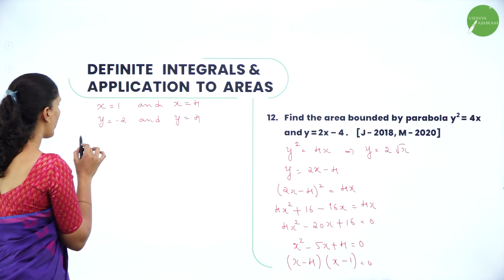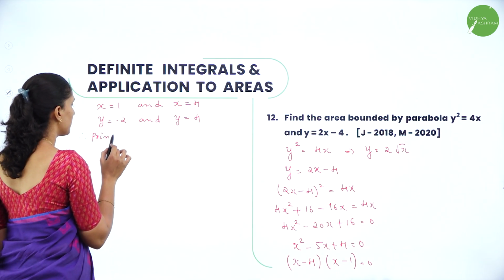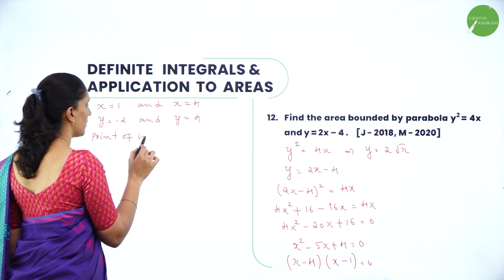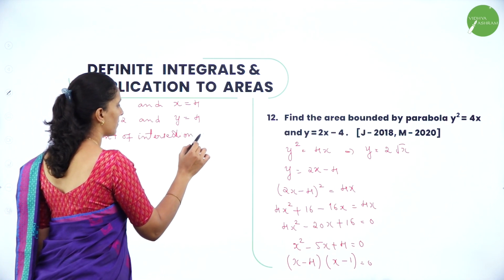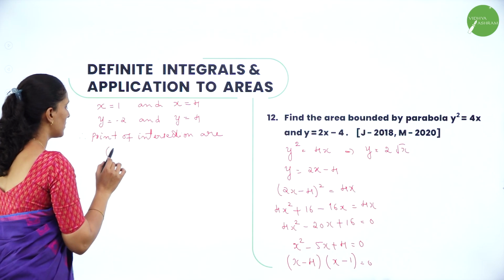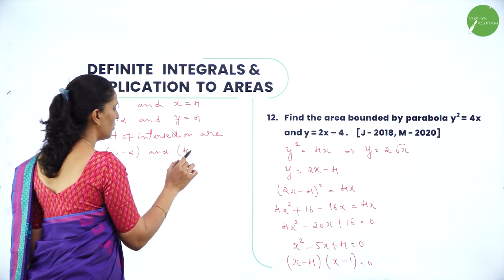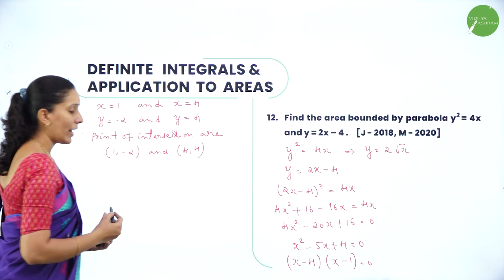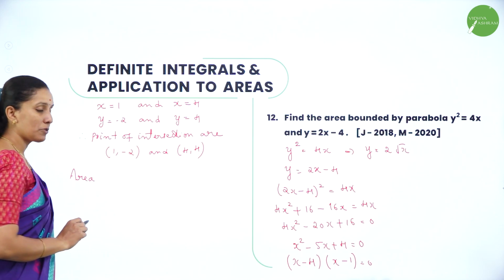So, therefore, the points of intersection are 1 comma minus 2 and 4 comma 4. So, thus you can take area in terms of x also or in terms of y also.